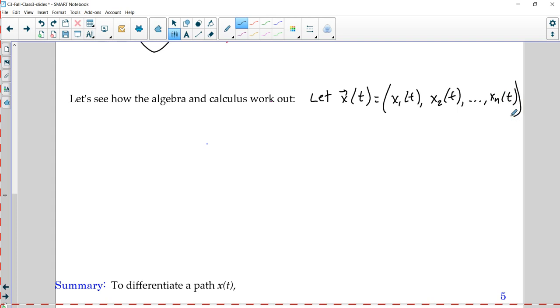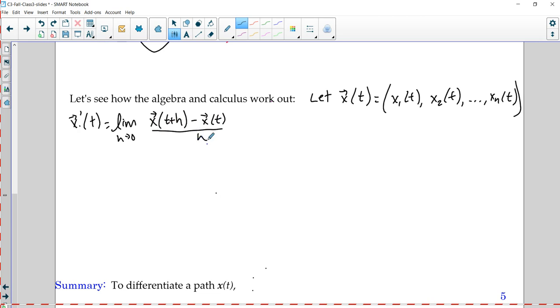Okay, and then via the definition of the derivative that I'm familiar with from 2D calculus, x prime should equal, theoretically, the limit as h approaches 0 of x of t plus h minus x of t all over h.